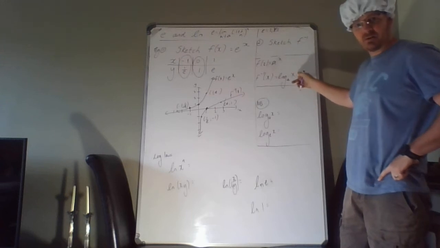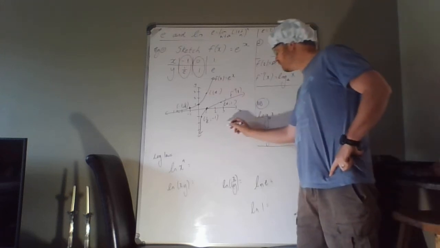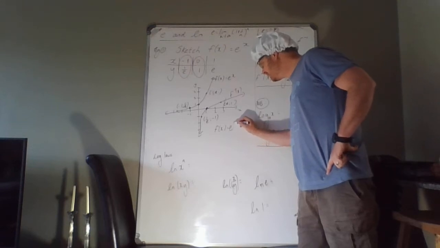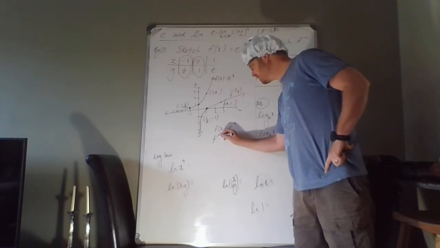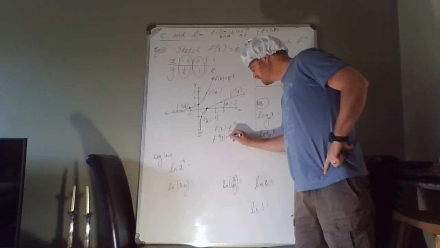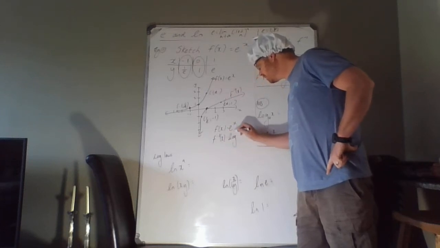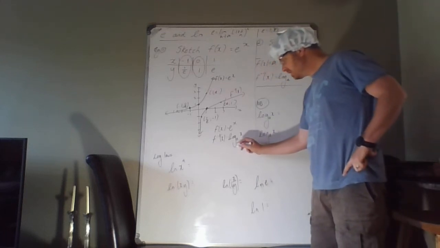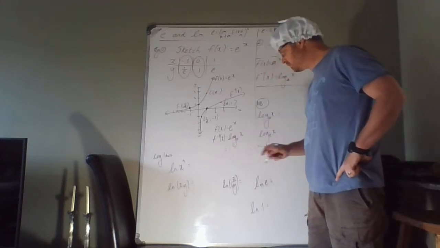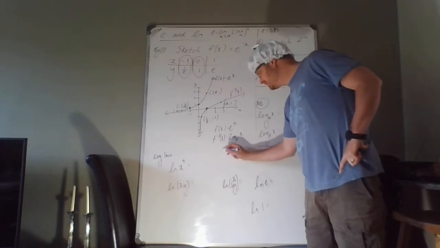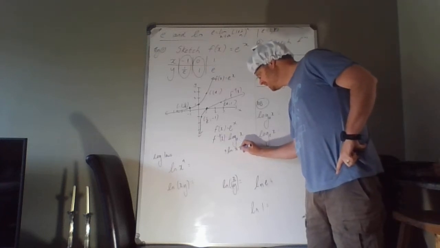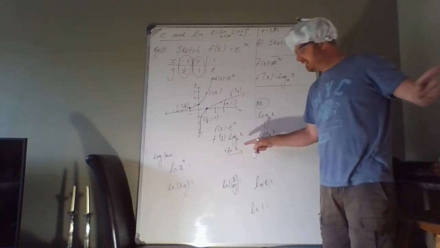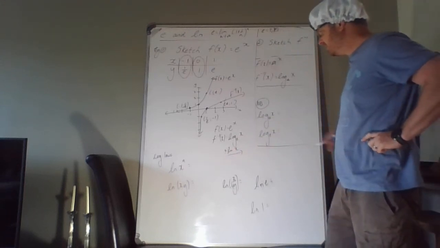Likewise, if f(x) is equal to e^x, then the inverse function is the log graph with the same base, so log base e of x. The name we give this is the natural logarithm, and we abbreviate it to ln x. So ln x means log x base e. So that is your inverse graph.